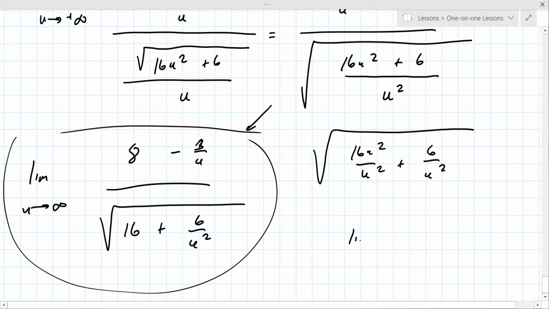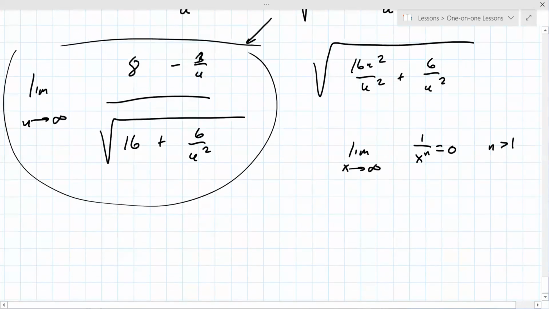And then you have to remember here the limit as x goes to infinity, 1 over x to the n, where n is greater than 1, this always goes to 0. And you might say, well, okay, maybe I get that, but how do I apply it here? Well, here's what it means. It means it's 8 minus, this is 0 right up here, because this is 1 over x or 1 over u. That's this right here.